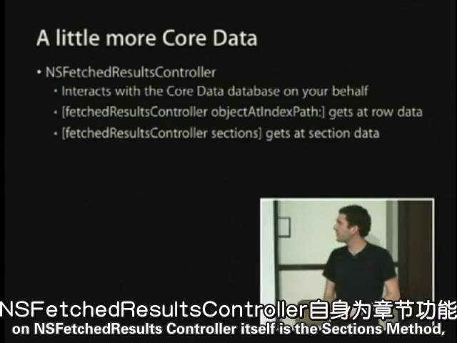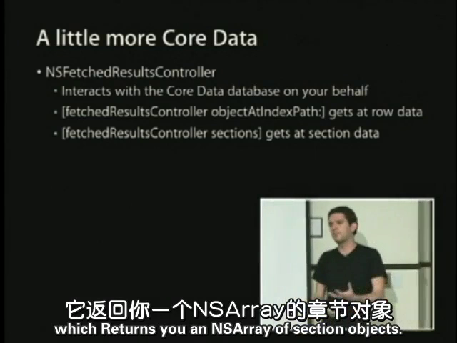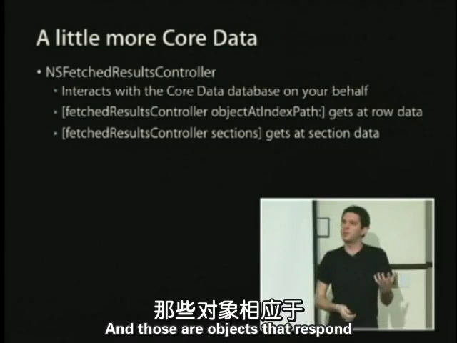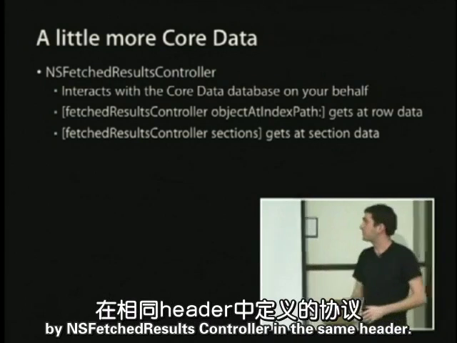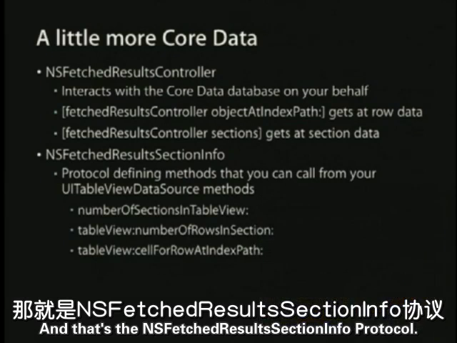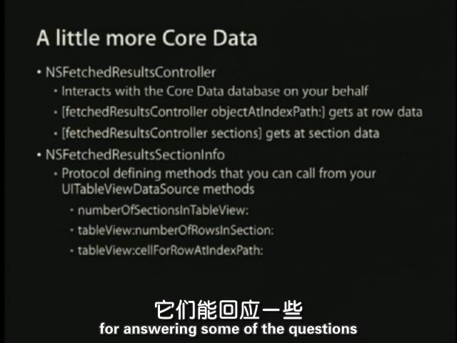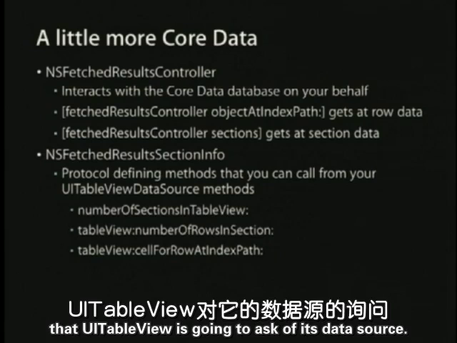The second interesting thing on NSFetchedResultsController itself is the sections method, which returns you an NSArray of section objects. Those are objects that respond to another protocol defined in the same header, the NSFetchedResultsSectionInfo protocol. And this protocol defines a few methods that are interesting for answering some of the questions that UITableView is going to ask of its data source.